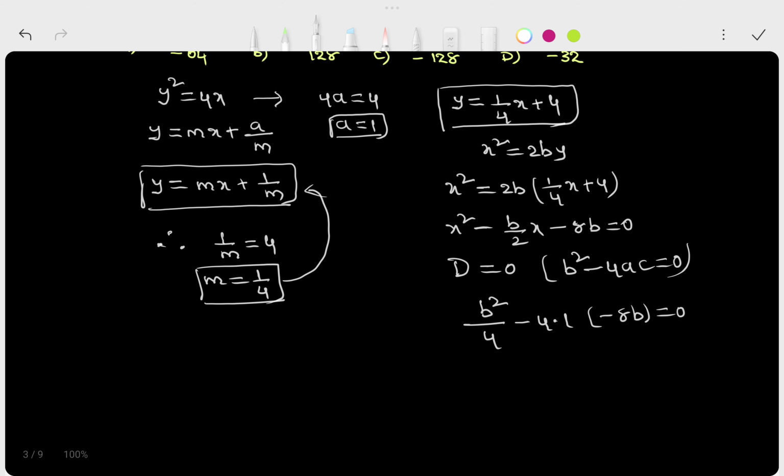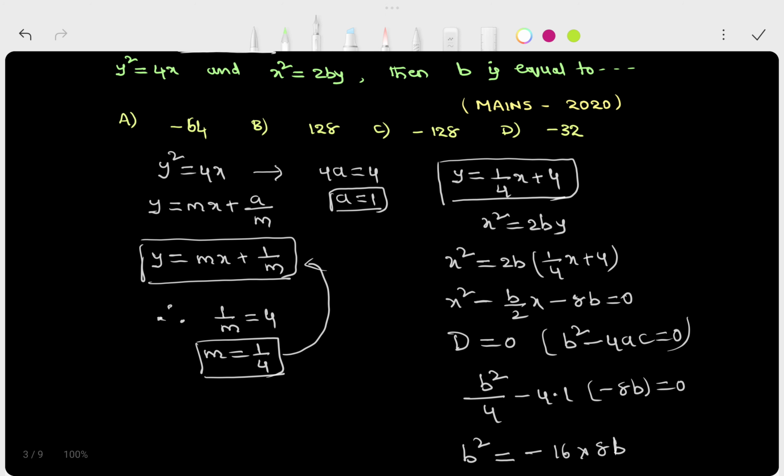Now by simplifying this, b square is equal to 16 into 8 into b. Here the b value is not equal to 0.